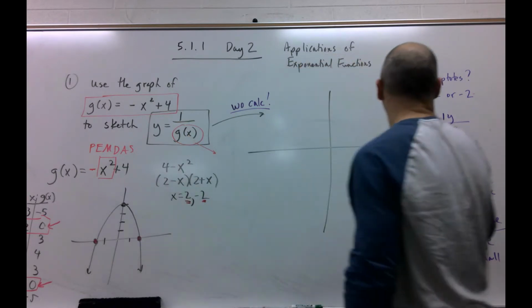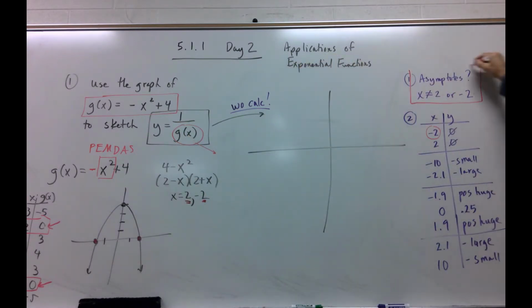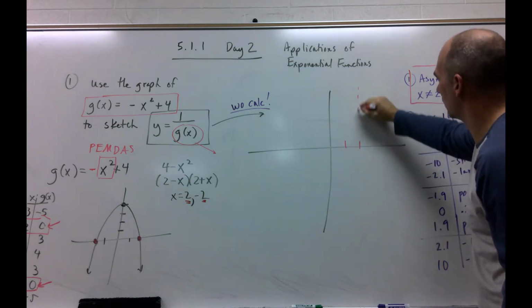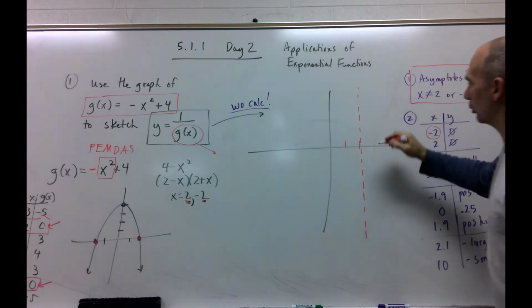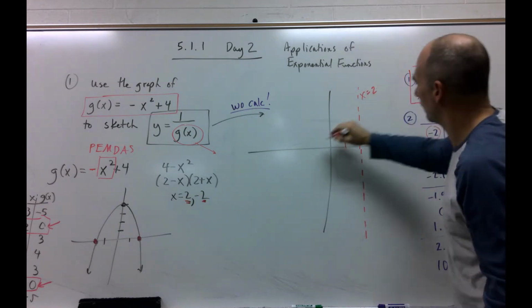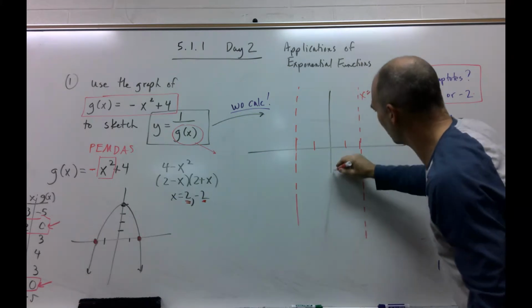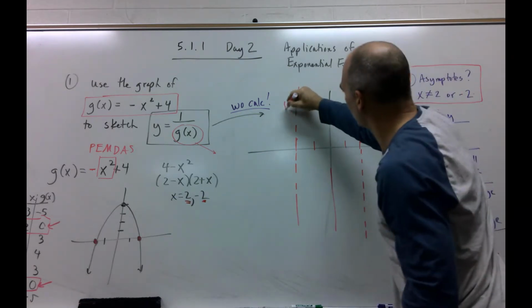So I know right away my asymptotes, x cannot equal 2 or negative 2, so that's how I get started. So there's x equals 2, and there's x equals negative 2.